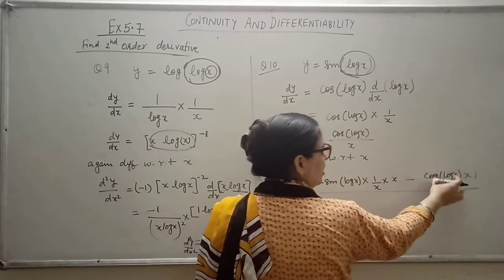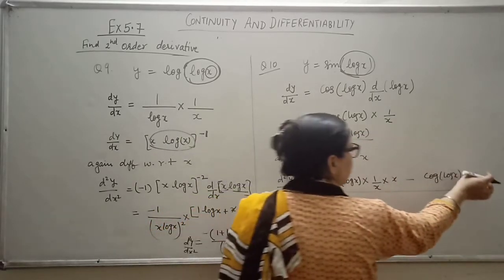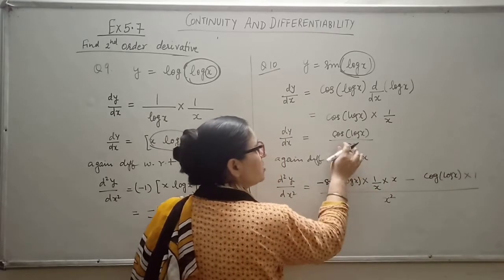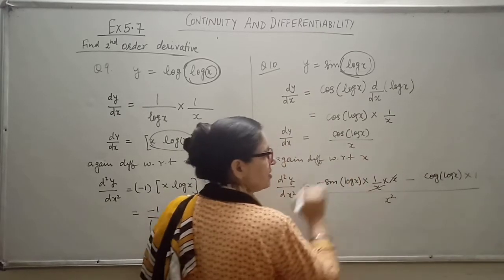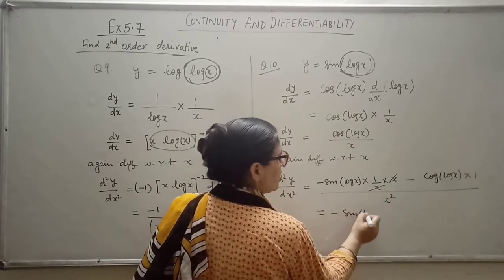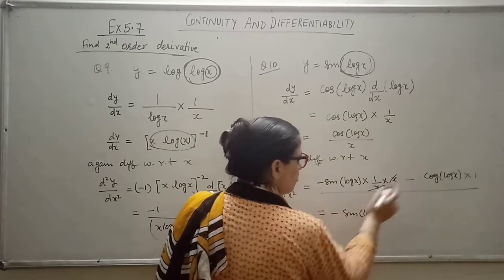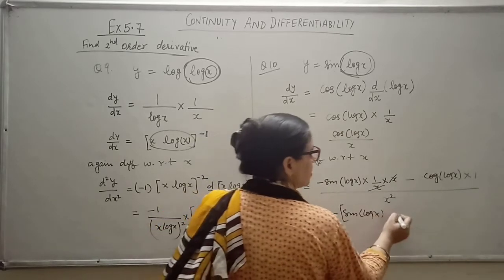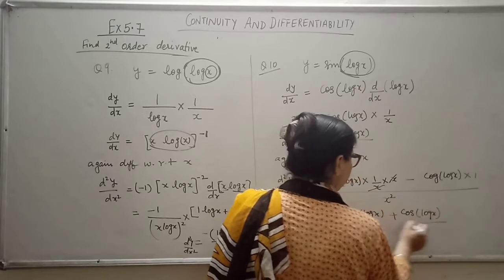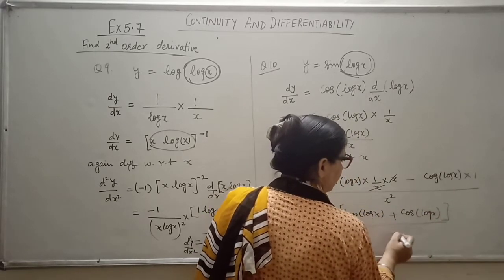First function I have written as it is, now the derivative of this second function, upon the square of this function. X is cancelled, so you are left with minus sine of log x, and from here also minus common. So plus cos of log x upon x square.